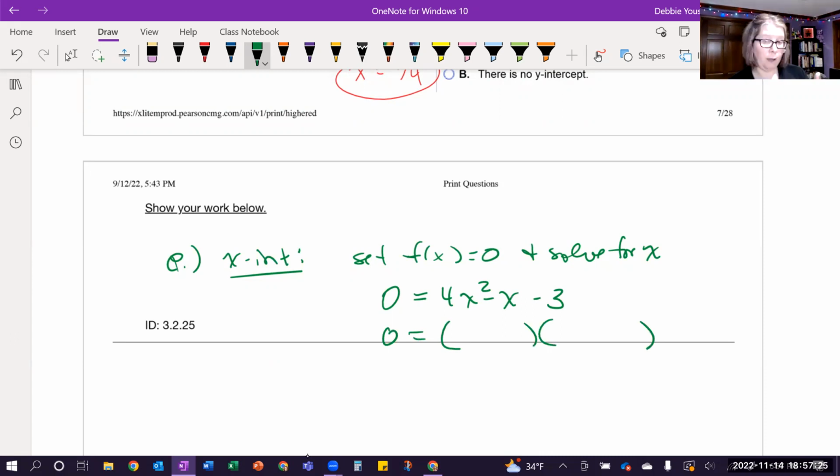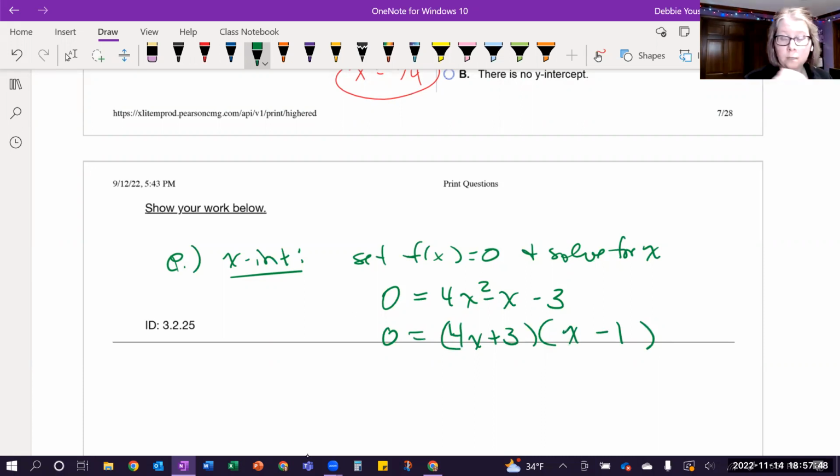So you could play around with this. You could use the AC method. You could use guess and check. If you know any other fancy methods that a past math instructor may have taught you for factoring, there's a whole bunch of different methods for factoring. You could use any of those methods. And so you figure out that you could use 4x plus 3 and x minus 1. How do you know if it's right?